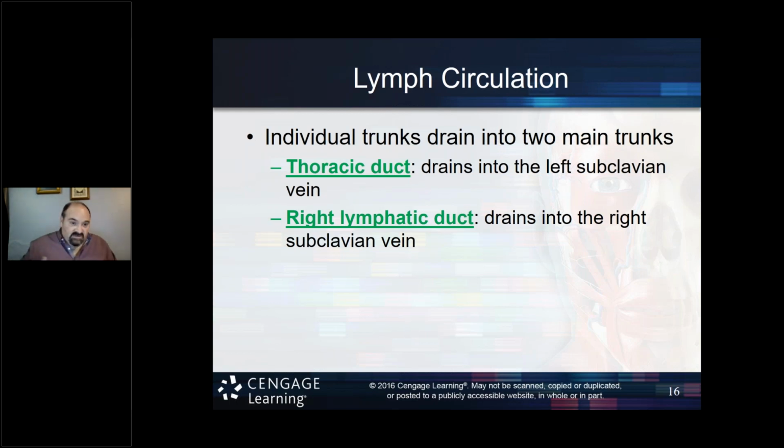If you memorize that the right lymphatic duct just drains the right side of the head, the right chest, and the right upper extremity, the thoracic duct drains all else. Okay, and again, draining into the subclavian veins, which will bring deoxygenated blood as well as lymph to the right side of the heart via the superior vena cava. Okay.